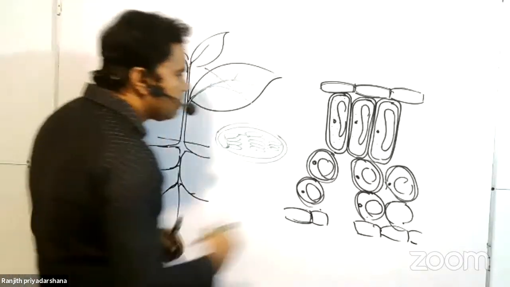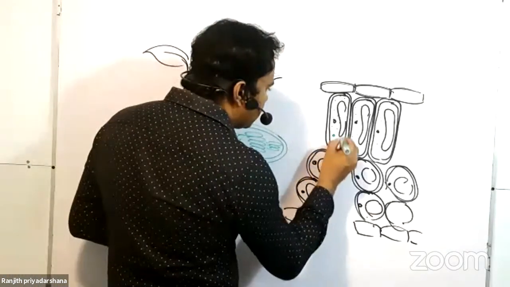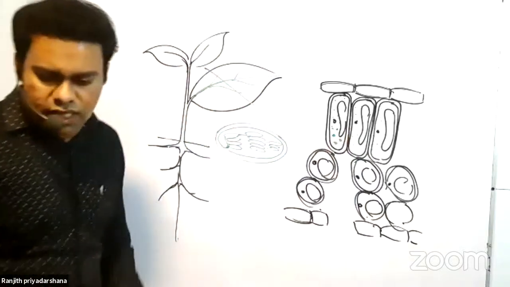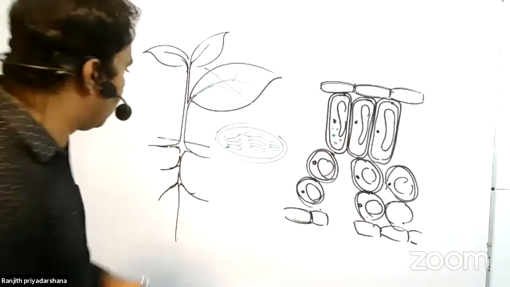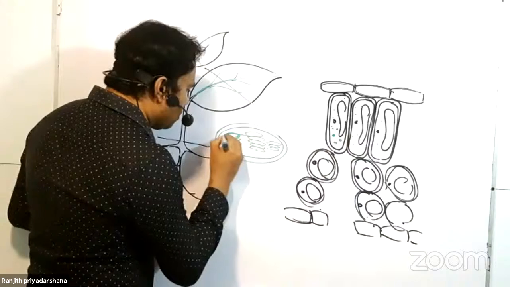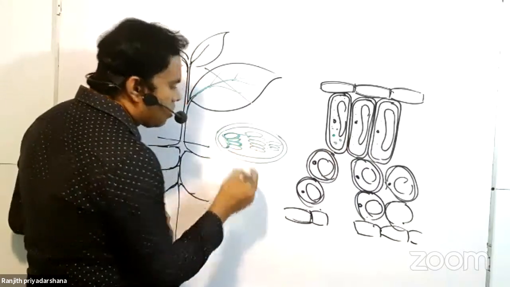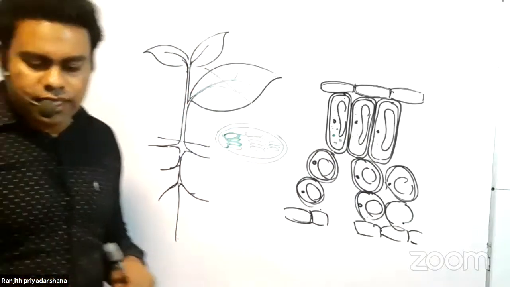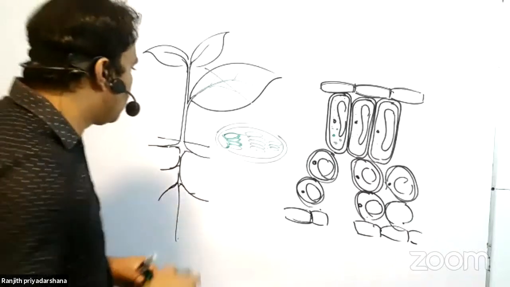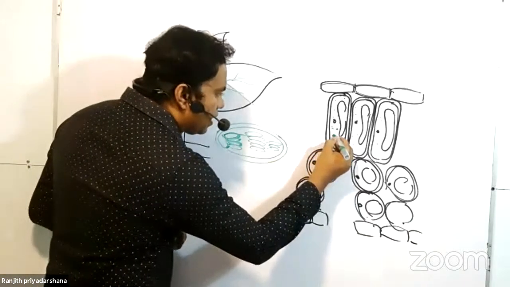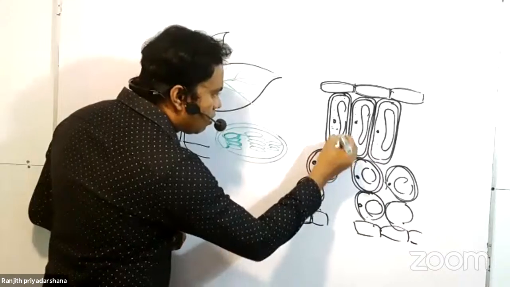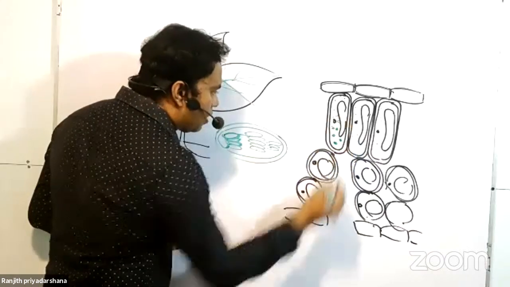Chlorophyll pigments exist here. The green color pigments exist on the chloroplast. These are the chloroplasts in plant cells.